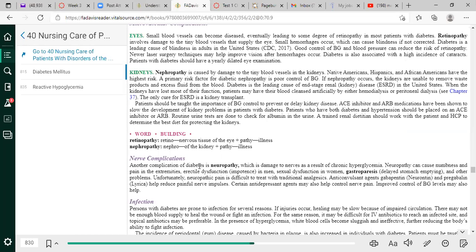Neuropathy, damage to nerves as a result of chronic hyperglycemia, can cause numbness and pain in extremities, erectile dysfunction. A lot of men who are diabetic experience erectile dysfunction. His penis doesn't work anymore, that type of thing. Men who end up being hypertensive, where they're on certain hypertensive medications, it stops his penis from working. Not able to maintain an erection.